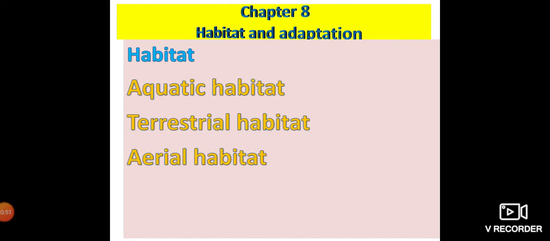So the terrestrial habitats are classified into different types, because on land the conditions and the environment are different.